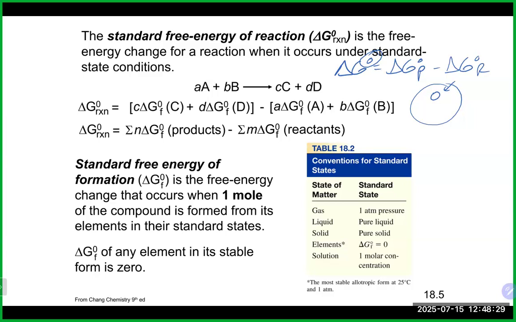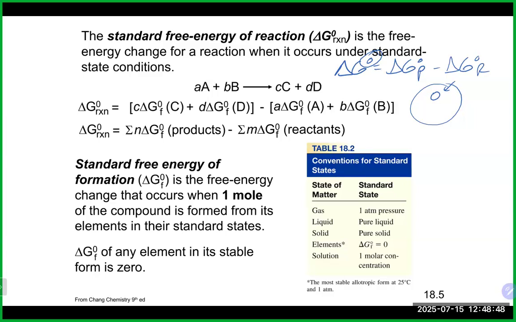So even though the temperature oftentimes is included, it's really not part of standard conditions, but it is sort of the temperature that most things are done in tables. So if you ever look at a table and kind of see the conditions, those are usually the 3 conditions you see: 1 atmosphere, 1 molar, and 25 degrees Celsius.